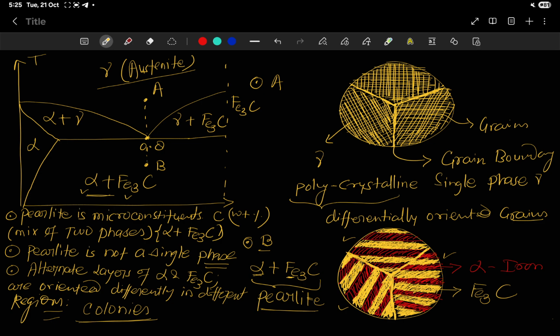For eutectoid steel. Now let's try to explore how the microstructure looks for hypoeutectoid steel and hypereutectoid steel. Let's try to explore this. So come to this page.